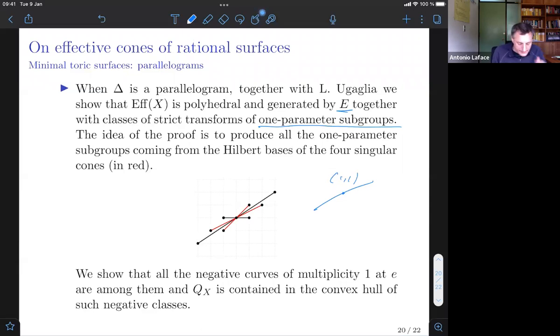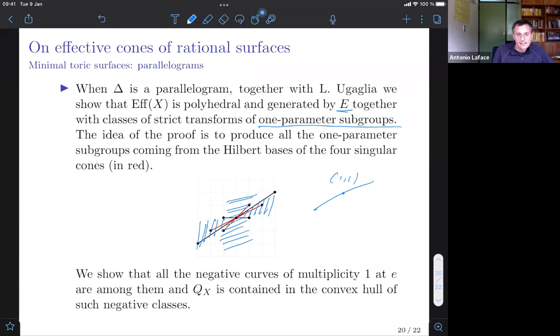It is possible to prove that these are produced by some elements in the Hilbert basis of the cones of the toric surface. The toric surface being a parallelogram, it has four cones. They are singular in general, unless the surface is P1 cross P1. Looking at the Hilbert basis of these cones produces these one-parameter subgroups.